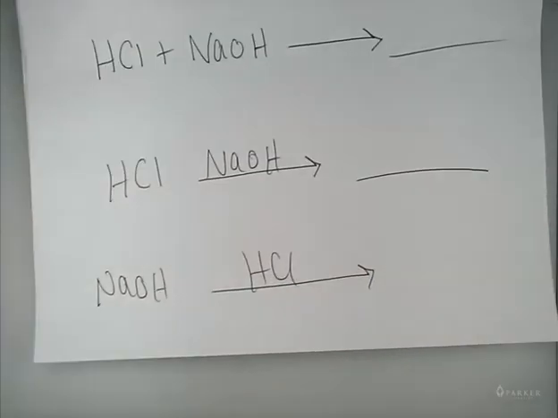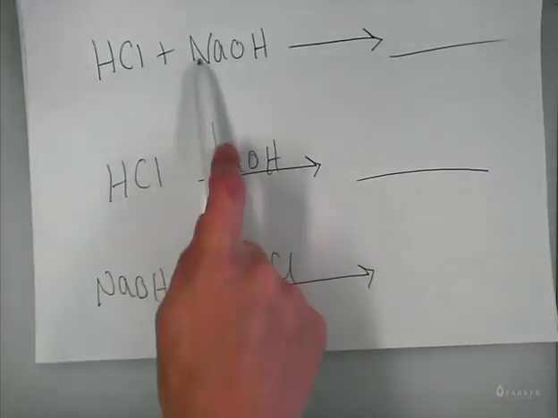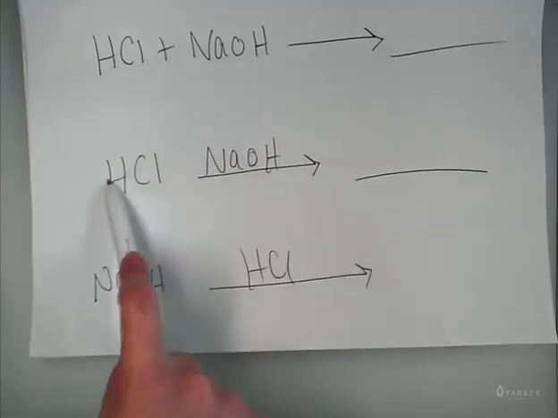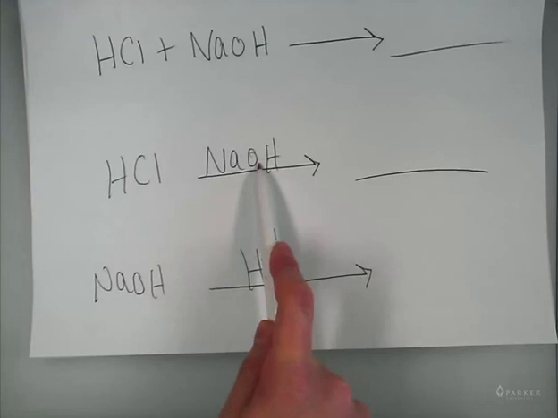Anyway, the possibilities are endless here. The point is, sometimes they'll do a plus sign. Sometimes they'll put it over the arrow. That means this and this are reacted together.